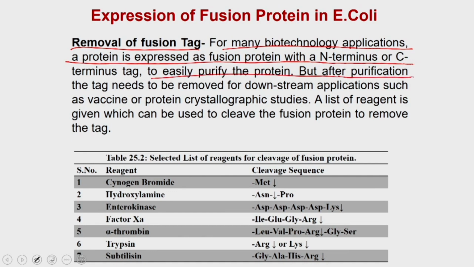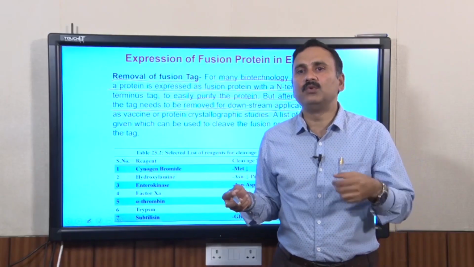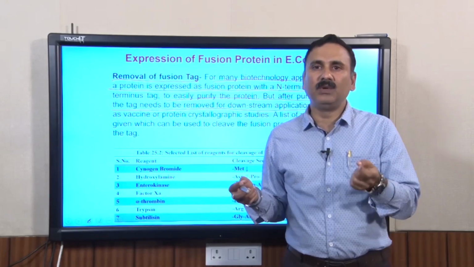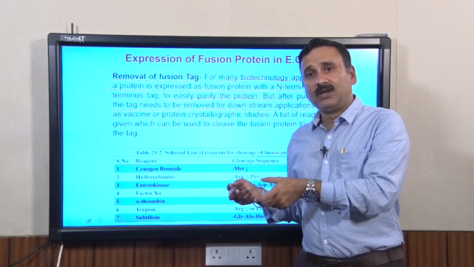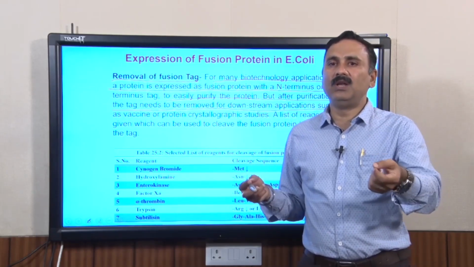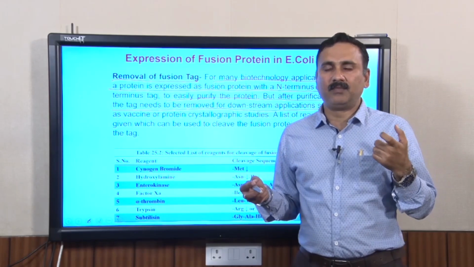But after the purification, the tag needs to be removed for downstream applications, such as vaccine development, developing the ELISA, structure solution, driving catalytic reactions within the patient or in bioreactors, or use as a therapeutic protein.